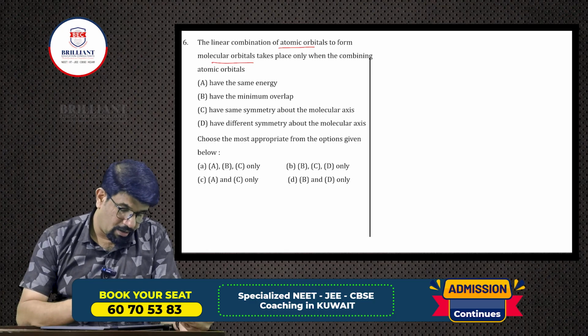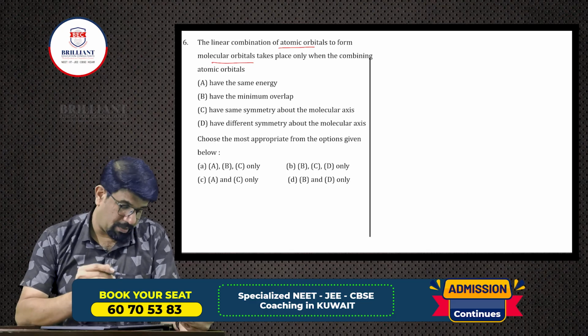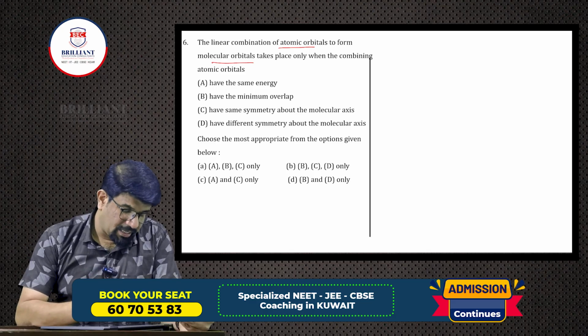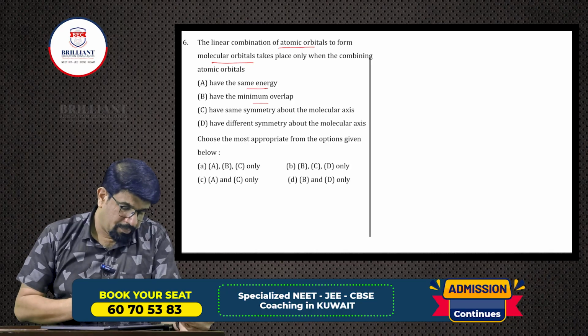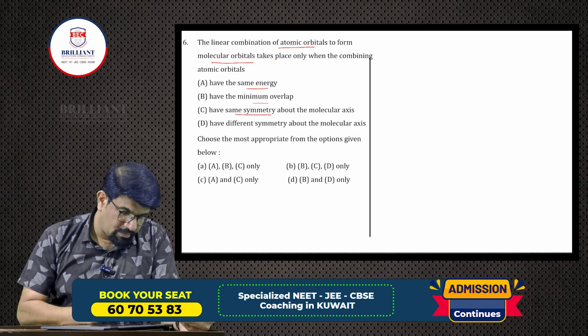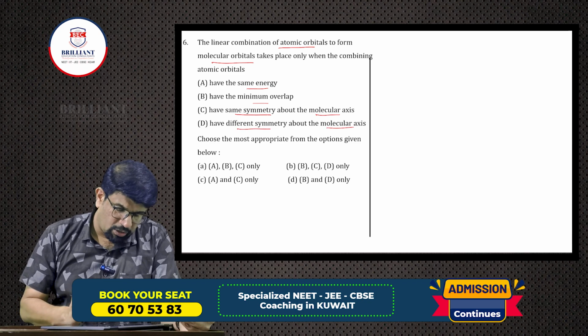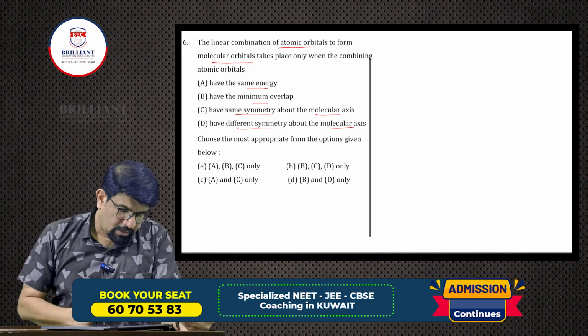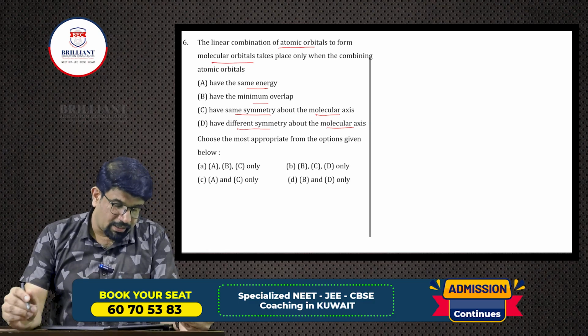We will answer based upon the statements. The first statement is that they have the same energy. Second statement, they have minimum overlap. And the third statement, they have the same symmetry about the molecular axis. Then the next statement, different symmetry about the molecular axis. Then they are asking which statements are correct.